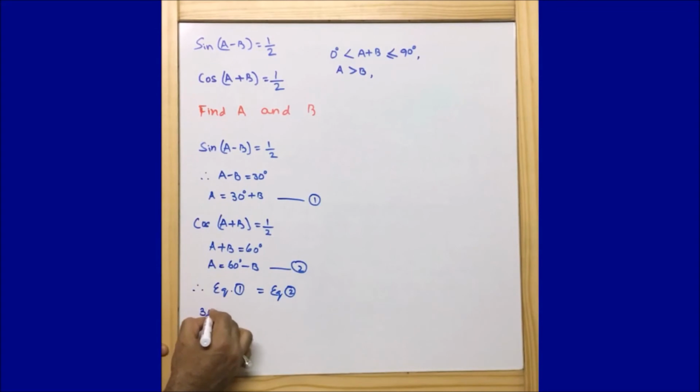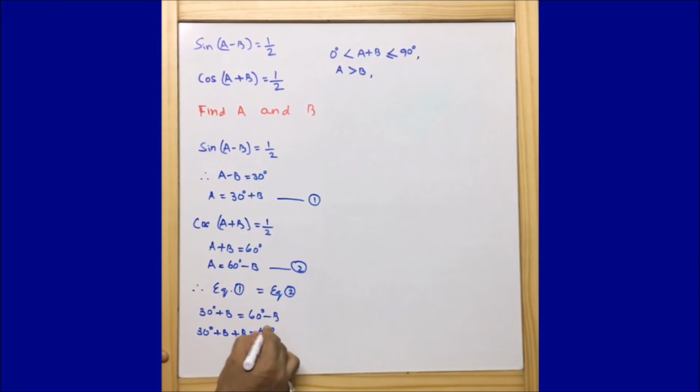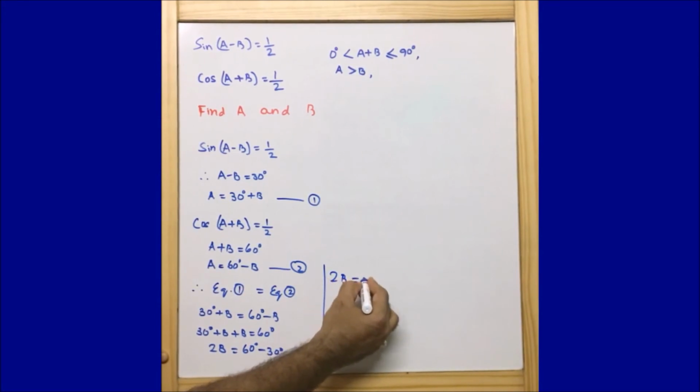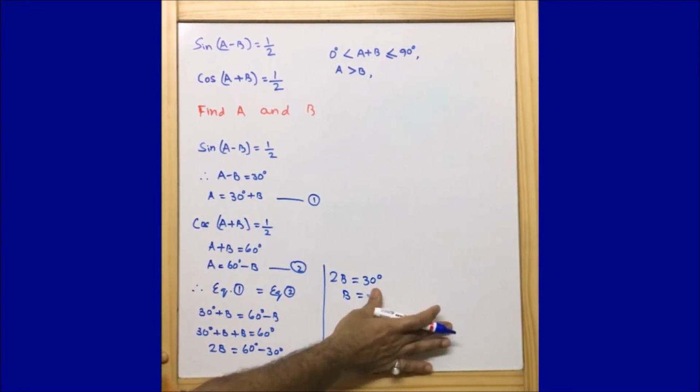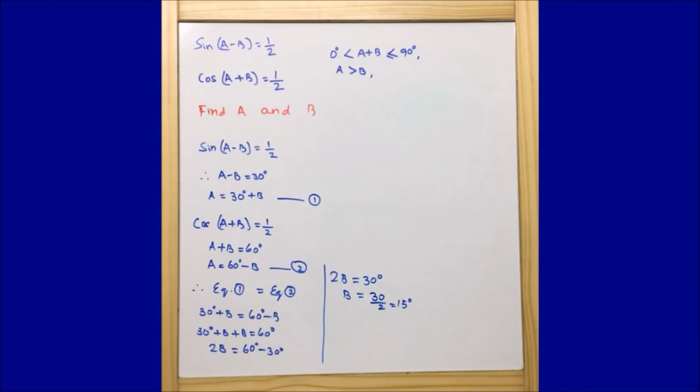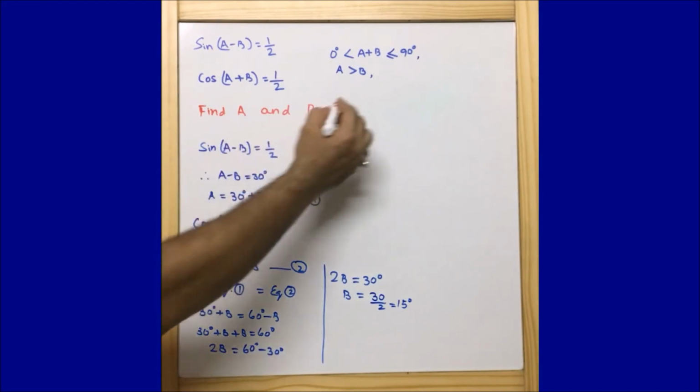So I can write 30 degree plus B is equal to 60 degree minus B, or 2B is equal to 60 degree minus 30 degree, or 2B is equal to 30 degree, or B is equal to 30/2, that is 15 degree. So we are able to find the value of B as 15 degree.